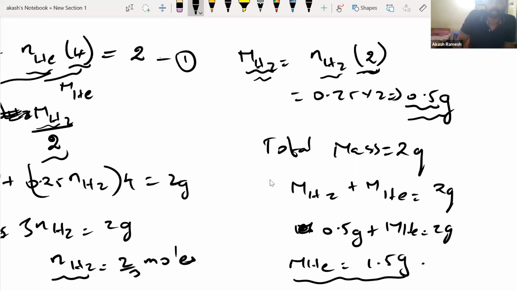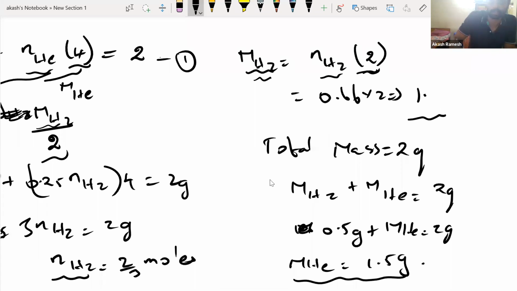That is obvious. So now number of moles is not 0.25. It is 0.66. 0.66 into 2 will become 1.32.